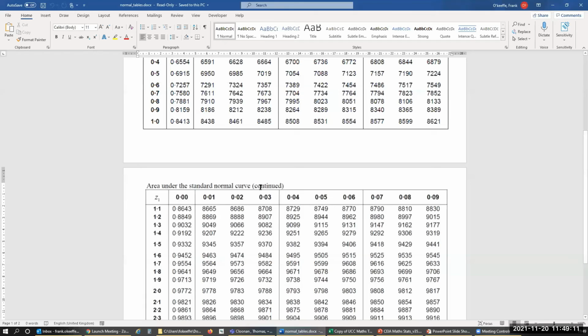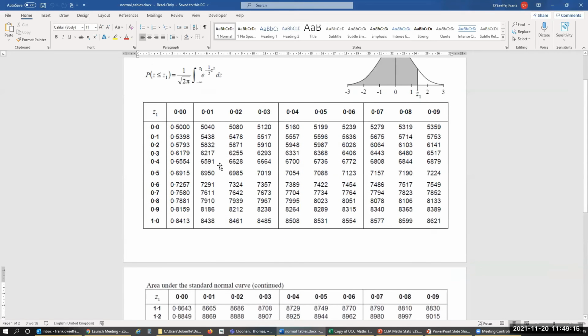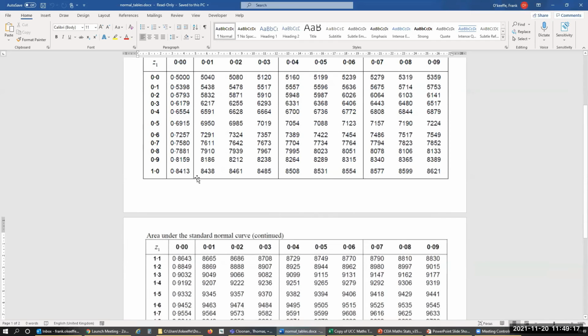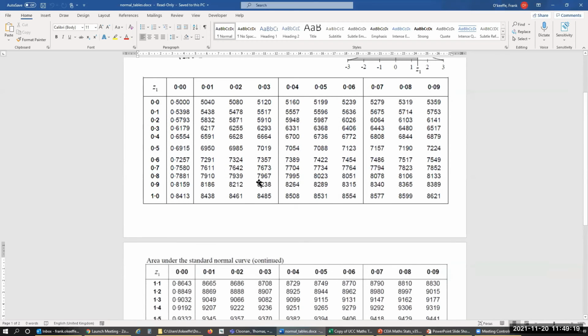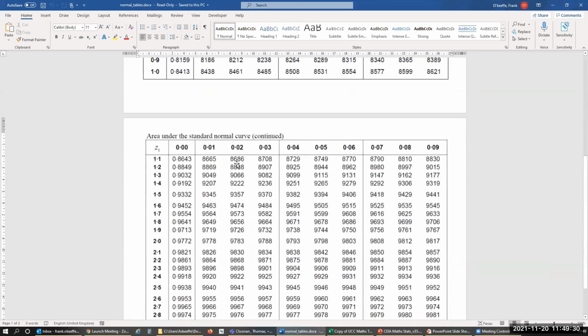Let's look at the table, 0.9. Now we're not looking for a Z of 0.9, we're looking for the tabulated value being 0.9. So we don't go to this here. We search this table for the value of 0.9 and we find it around here.